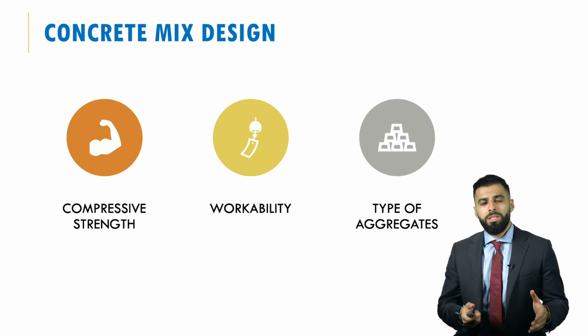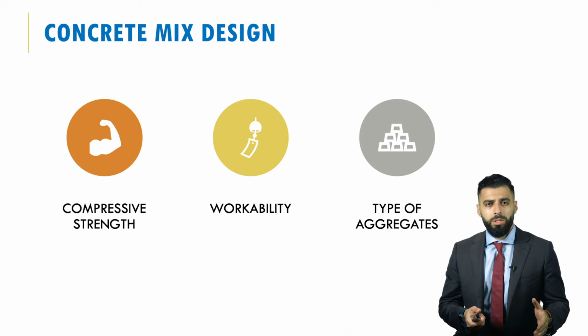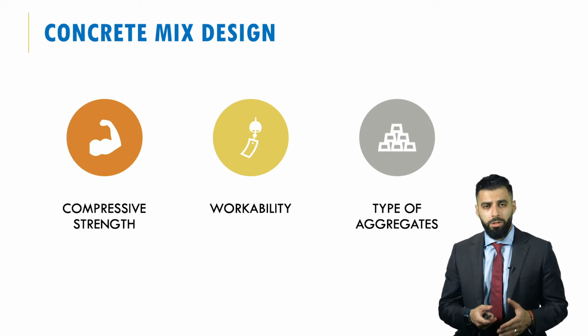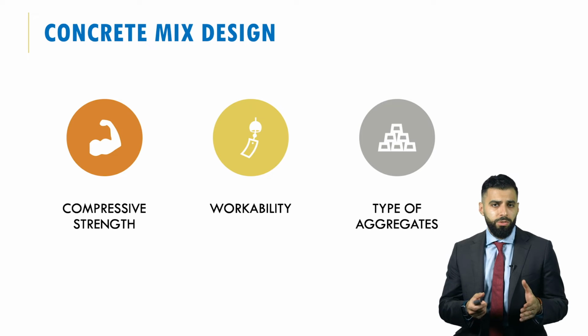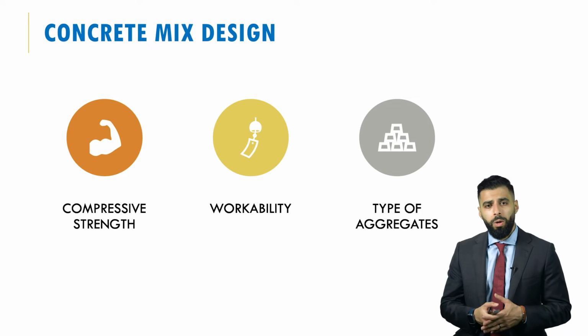So in a concrete mix design, there are several parameters that would be associated with the design process. Number one is the compressive strength of the concrete. What determines the compressive strength is mostly, number one, your cement, and number two, your aggregates as well.